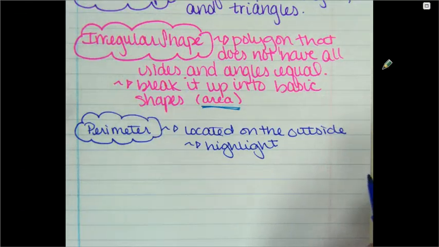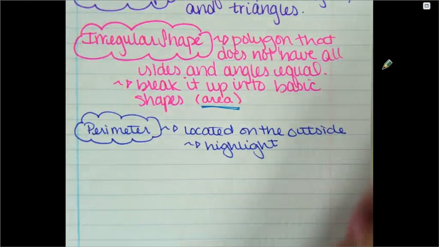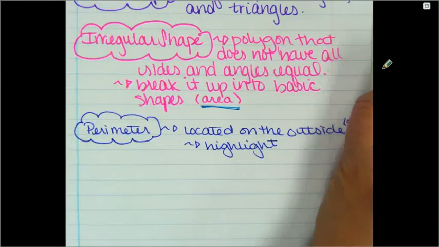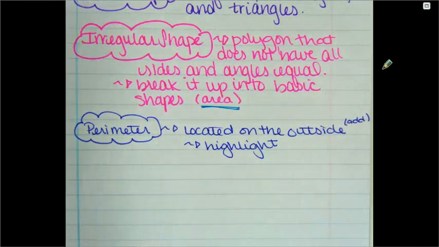So perimeter is easy, right? We're just adding up the outsides, nothing too difficult. We just add. So perimeter is not the hard part. And area is not that difficult either, we just need to be careful.